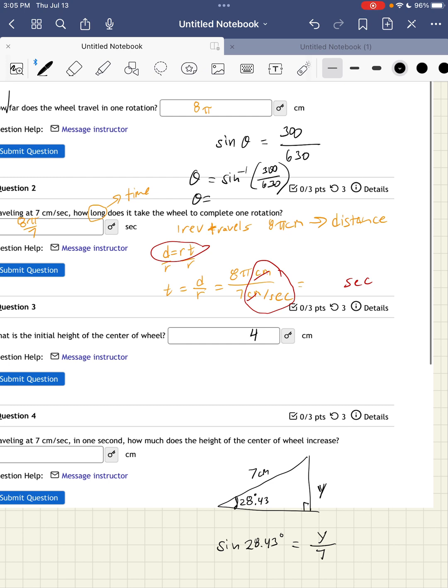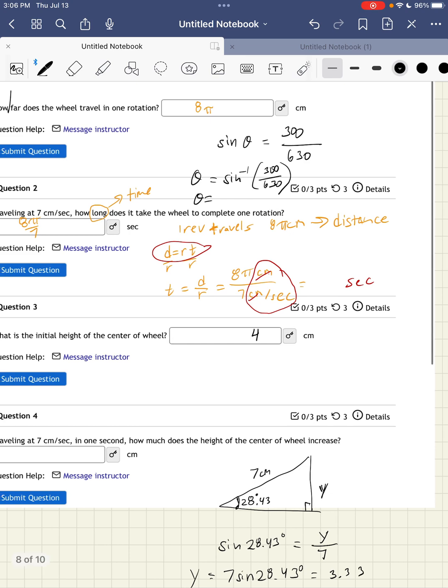Now I just multiply both sides by 7, and this will give me y. So I'm going to say sine of this answer times 7, and I get 3.33. So that is how much it increases.